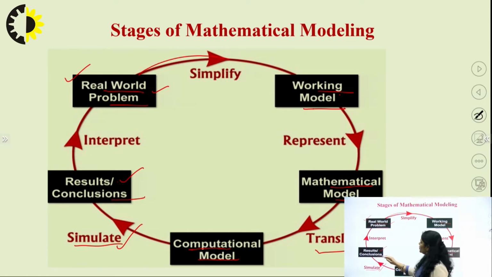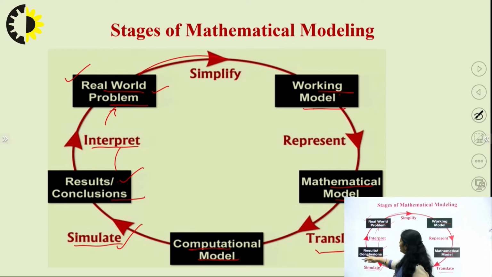After the result and conclusion, the next step is to interpret the real world problem. After drawing the conclusion from the simulation and the computational model, we will check our output, whether it is in the scope of the real world problem or not, or whether it is giving the exact output which we required.